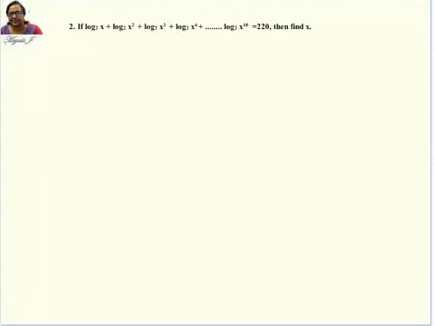Anyone who has completed this? Ma'am, we can take the LCM as log 2. So what are you doing here? Okay, then I'll write. You just tell me what I'm supposed to write here. I'm not writing the base 2 because everywhere it's base 2. I'm just avoiding that.